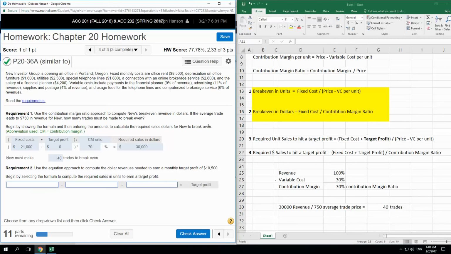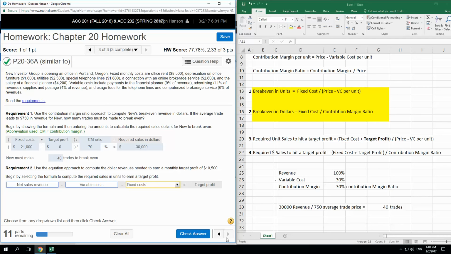Use the equation approach to compute the dollar revenues needed to earn a monthly target profit of $10,500. Begin by selecting the formula to compute the required sales in units to earn a target profit. So of course you're going to have your net sales revenue, and then you're going to subtract variable costs, and then fixed costs.